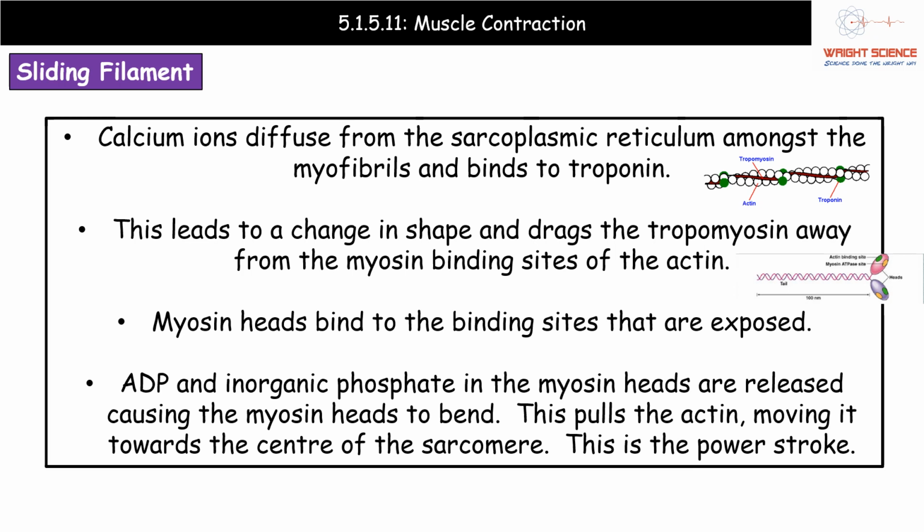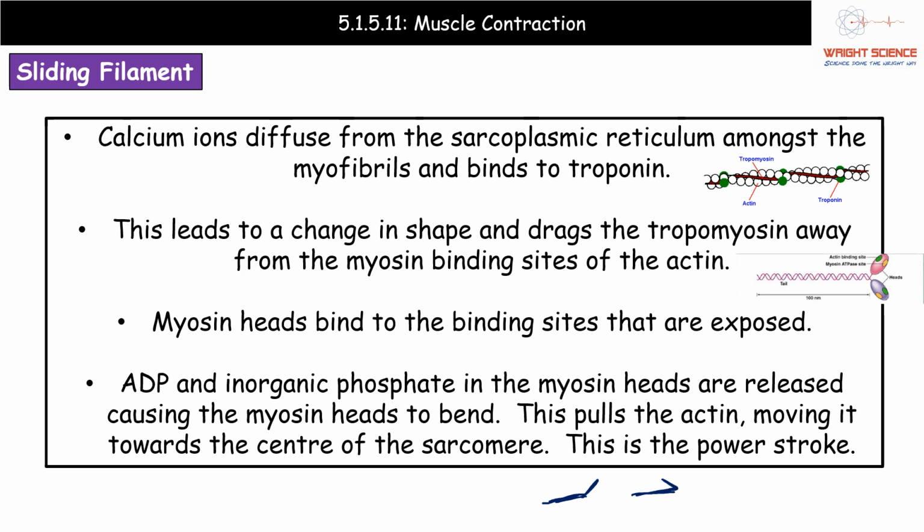ADP and inorganic phosphate in those myosin heads are then released, and that means the myosin heads bend. Imagine our little head facing this way first, then it bends, so it moves inwards. Because it's bound onto our actin, it pulls it inwards. This is something we refer to as the power stroke.